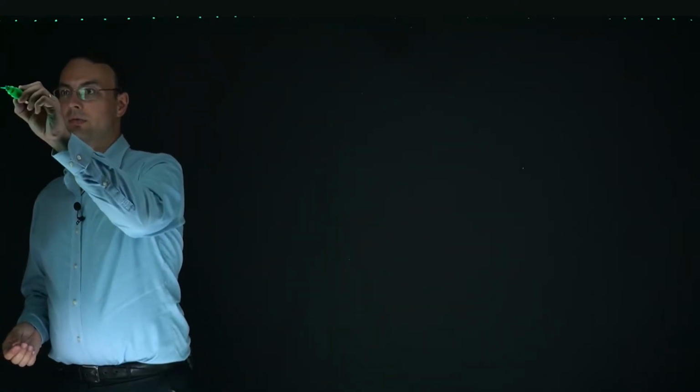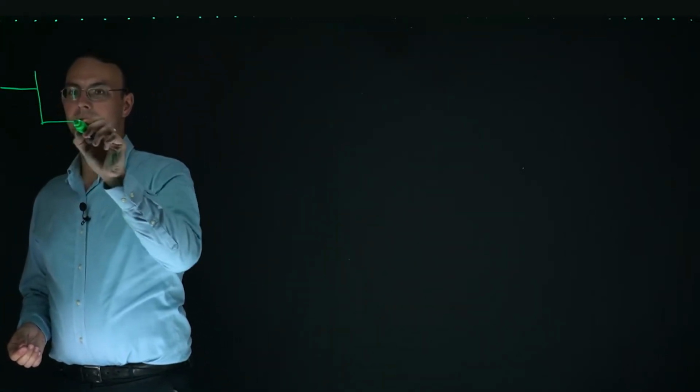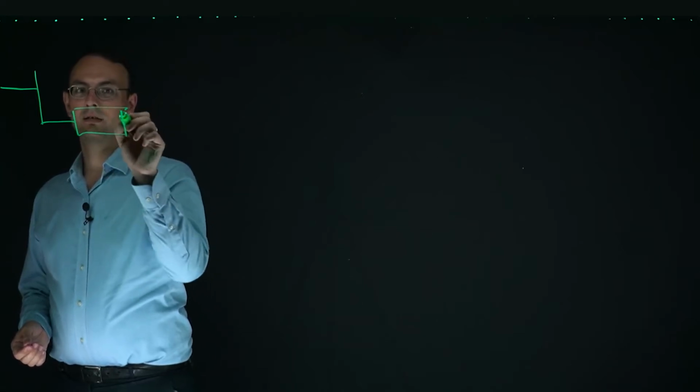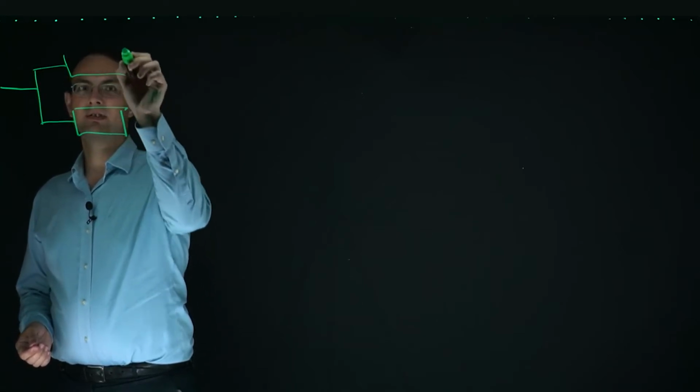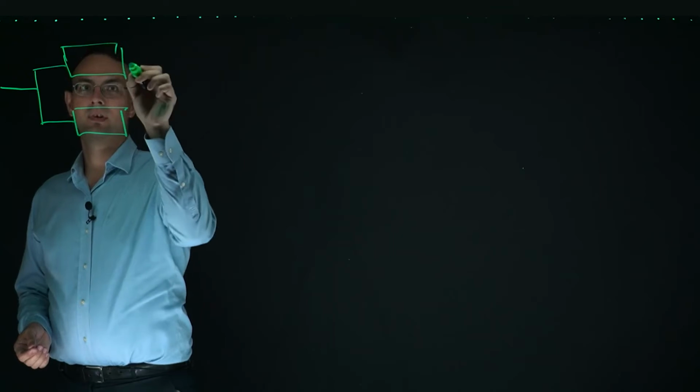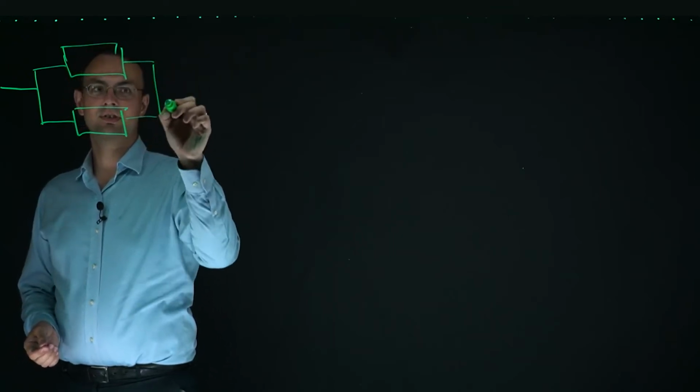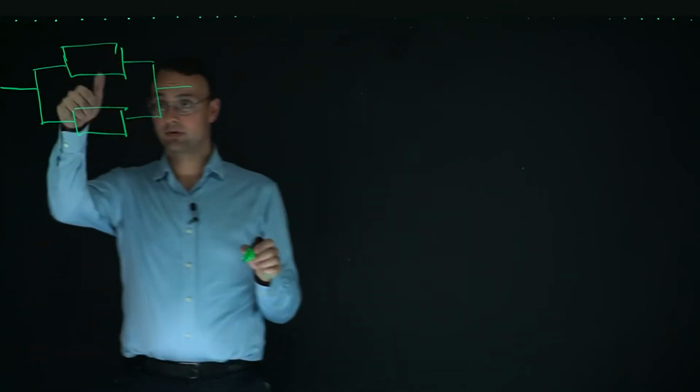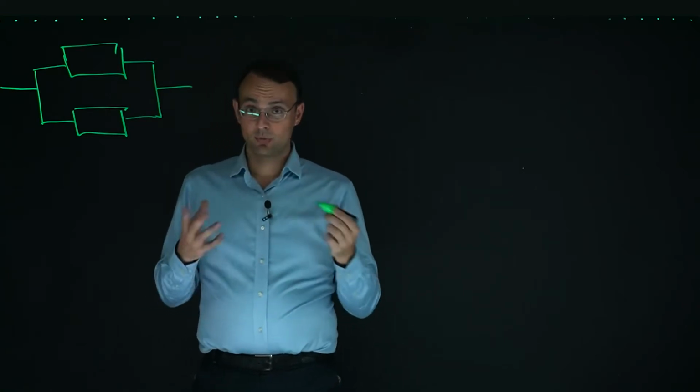Another example. We have a system of 2 elements united in this way. That means that the system is working, is in service, if at least one of these 2 elements is working.